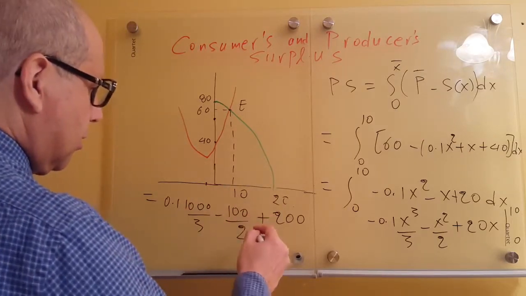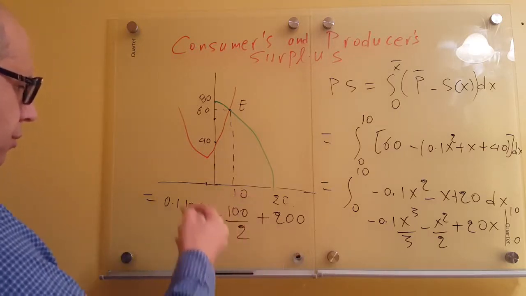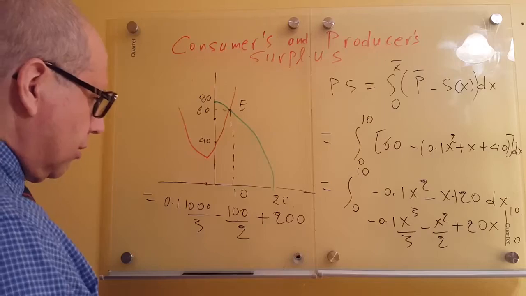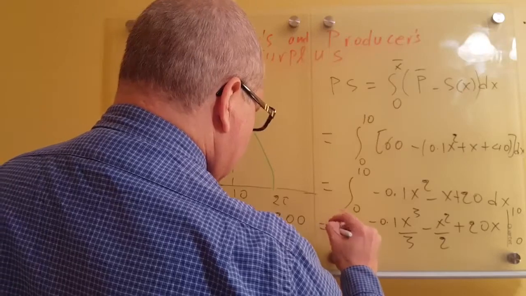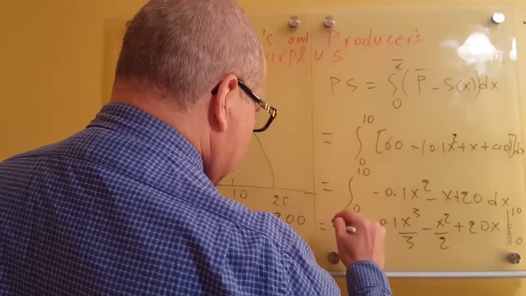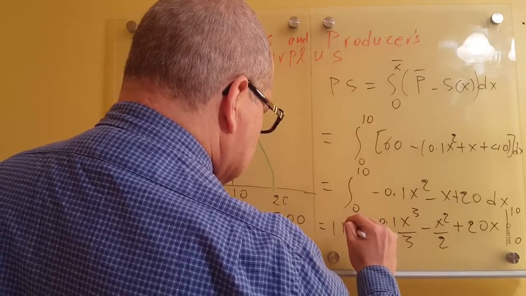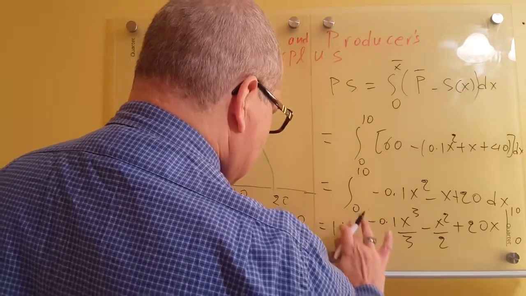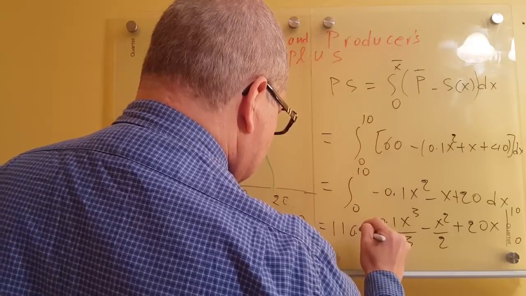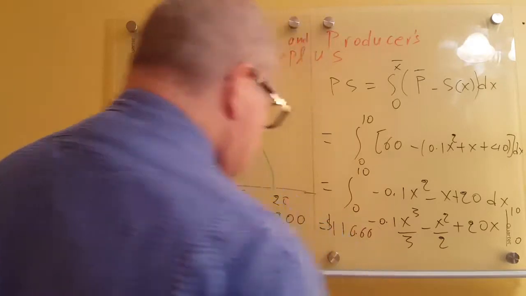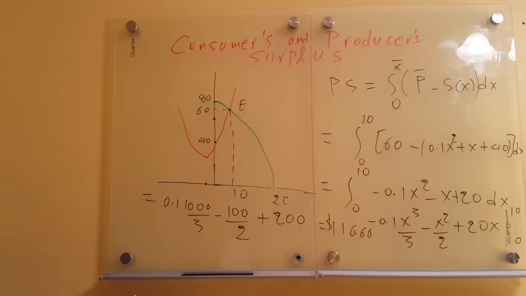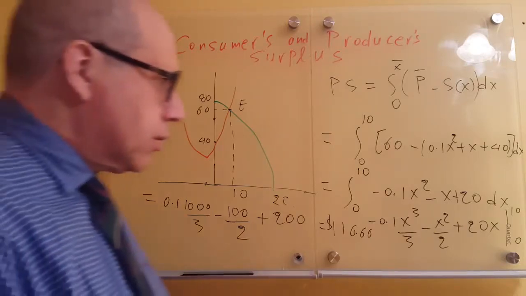So all this together is 200 minus 50, it's 150, minus 33.33, so that's equal to 116.66, so approximately $116.66. So that's the producer surplus.